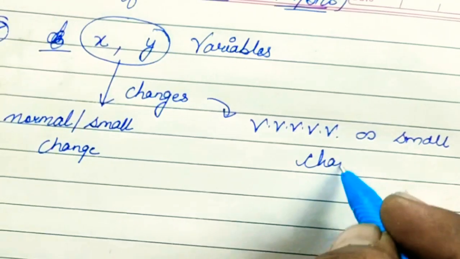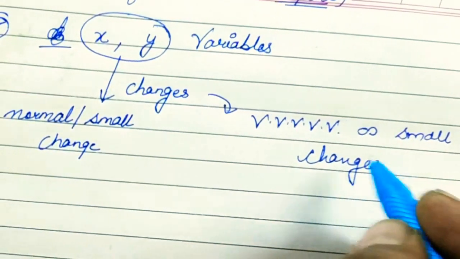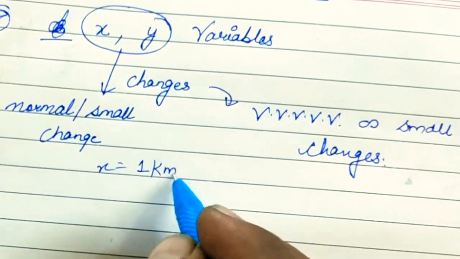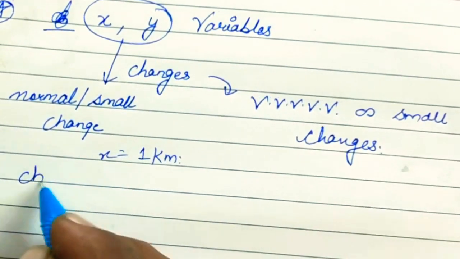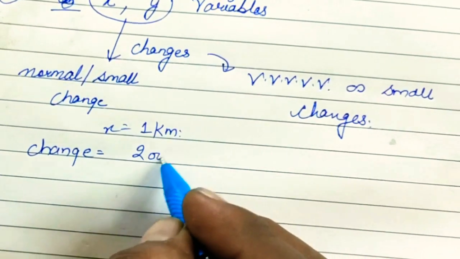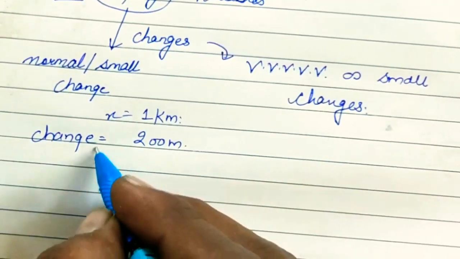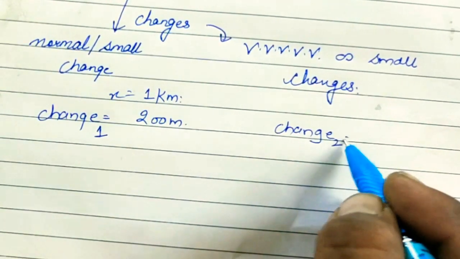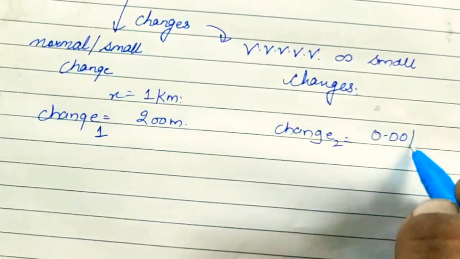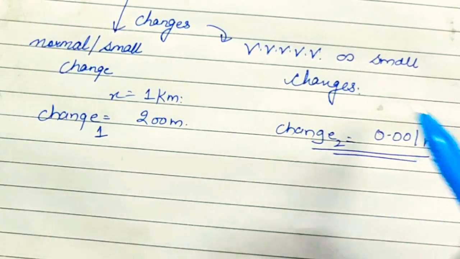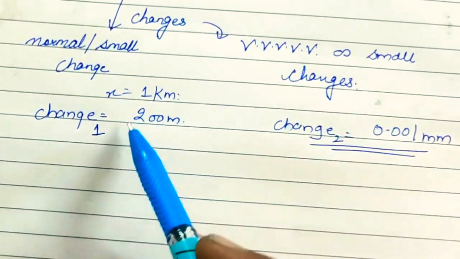Two types of changes are there. For example, if I say that x is 1 kilometer, so there can be two types of change. One type of change can be let's say 200 meter, and the other type of change is suppose 0.001 millimeter. So there are two types of changes. This change is very small. This change is normal change.